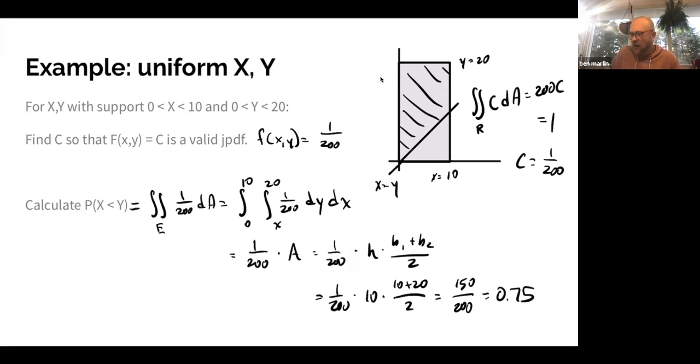Either way. So that's the sort of thing that you have to do on these. You have to spot what the region is by drawing pictures based on whatever is used to describe the event, and then integrate over the region that's involved. So, yay.